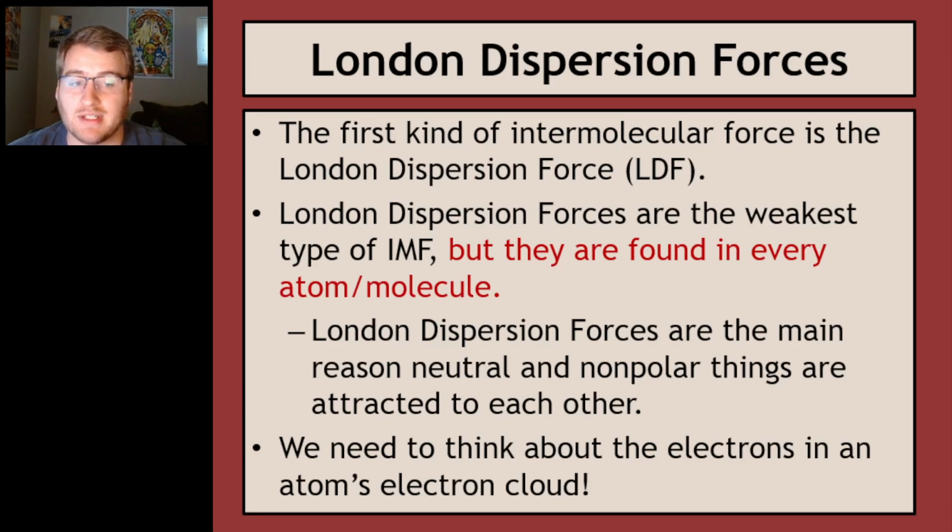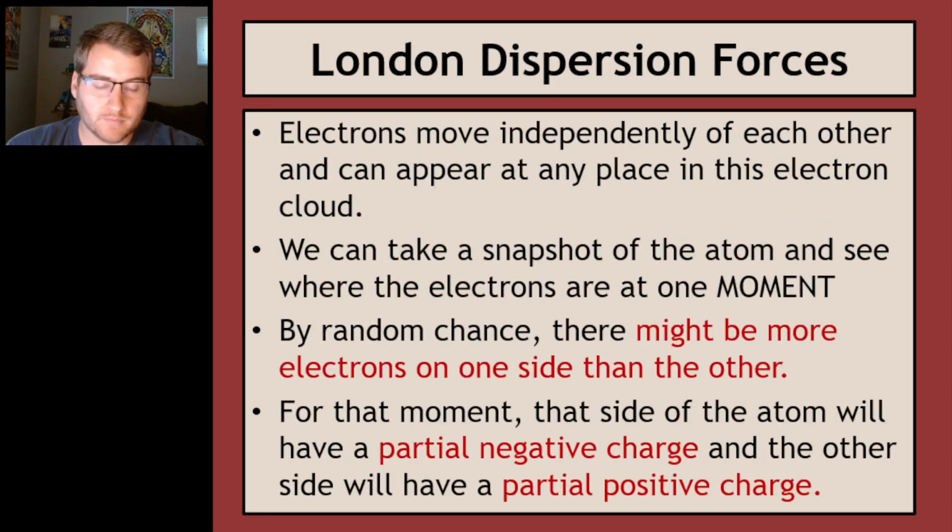Now, to think about it, we need to think about the electrons. The electrons are what really come into play for London dispersion forces. So this one's a little bit more advanced than the other ones, I think. So this is a word description, and then we'll do a picture drawing of the same thing. But just to start with our word description here, electrons move independently of each other and can appear at any place in an electron cloud. So if you have your nucleus in the middle and your electrons somewhere in their orbitals, they could be in random positions in the electron cloud.